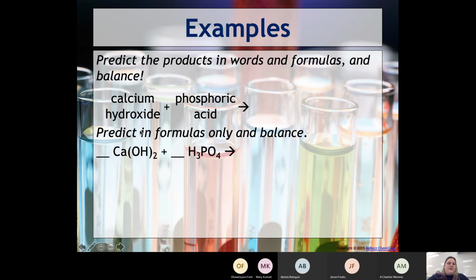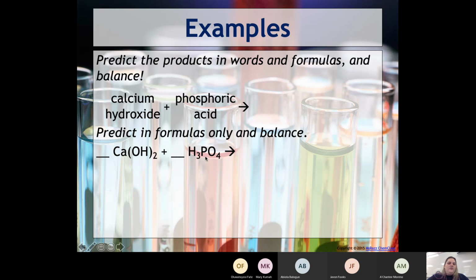I know that this is a base because all bases, or most bases, have hydroxide in their compound. If something has hydroxide, it's automatically a base. There are some bases that don't have hydroxide, but if it does have hydroxide, it's a base. So calcium hydroxide, and this is the chemical formula based on the charges.